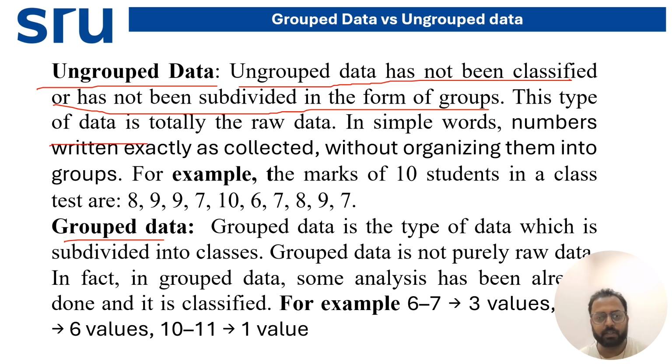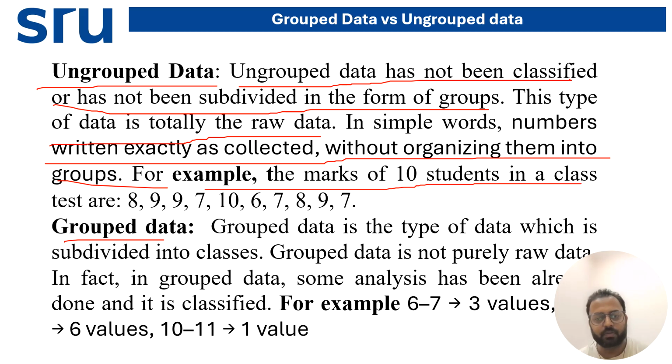This is totally raw data, in simple words, numbers written exactly as collected without organizing them into groups. For example, the marks of 10 students in a class test are 8, 9, 9, 7, 8, 10, 6, 7, 8, 9, and 7.